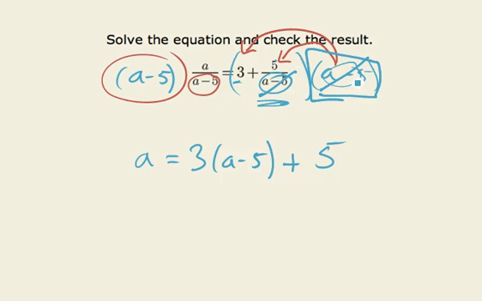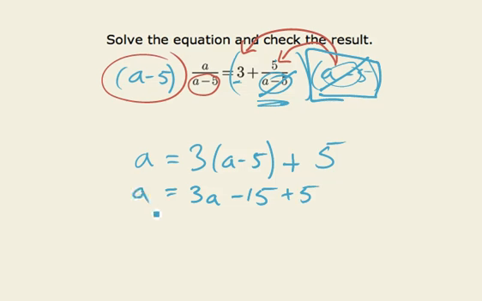So even if I canceled it with one of the pieces here, I still need to take whatever used to be there before canceling it and multiply by this other piece, right? So we do that. Let's multiply through our 3 times a, 3 times negative 5, plus a 5.